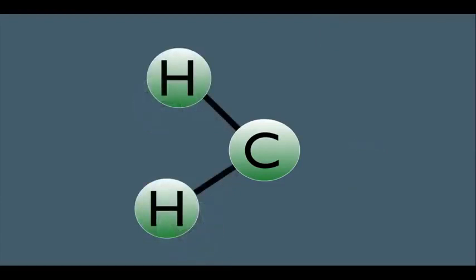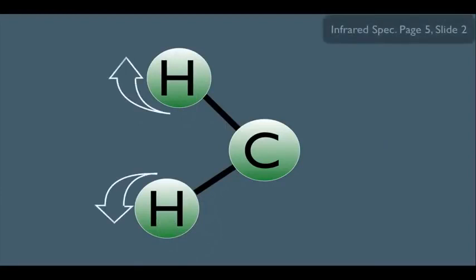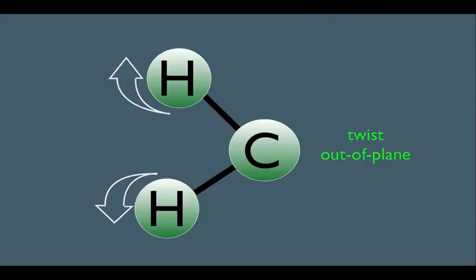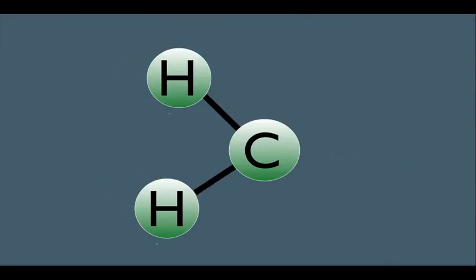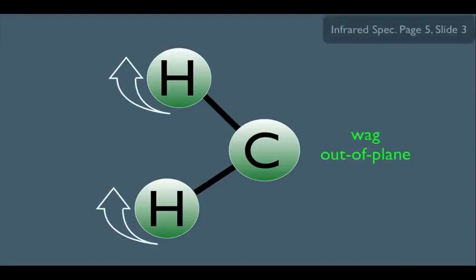And it can also get very three-dimensional. This is obviously hard to see here, but these hydrogens can actually twist out of plane, which means from our point of view, the hydrogens would move out towards us. And therefore, the hydrogens would now be not in the same plane as the carbon. Or they can even wag out of plane.